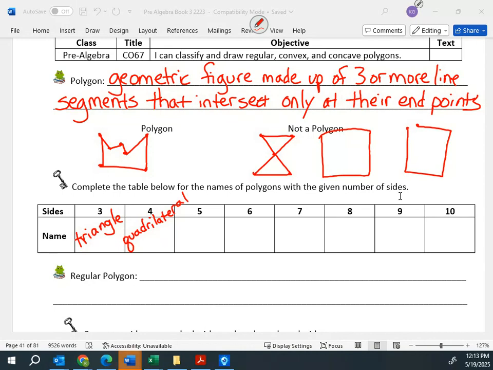So tri means 3. Quad means 4. What do you think a 5-sided figure is called? David? Pentagon. Penta means 5. What about a 6-sided figure? Amala? Hexagon.